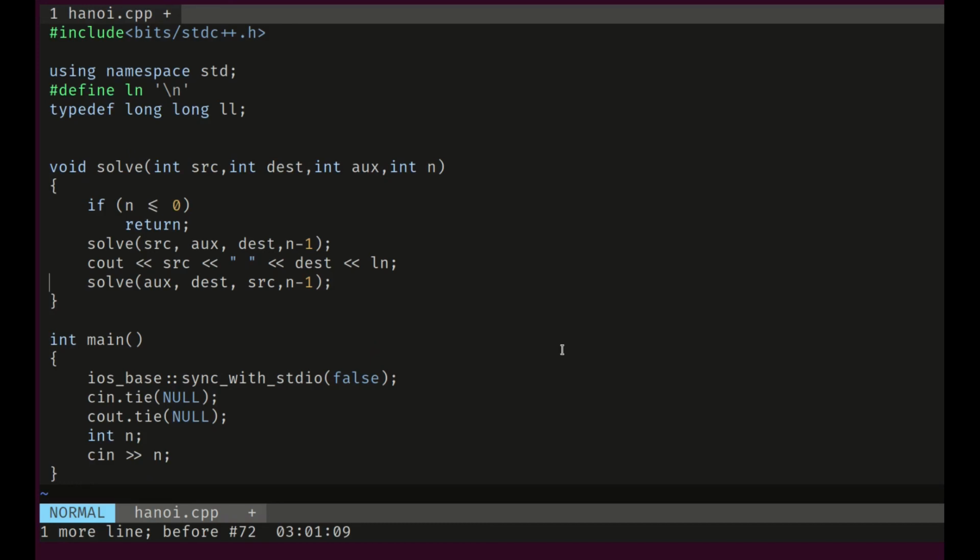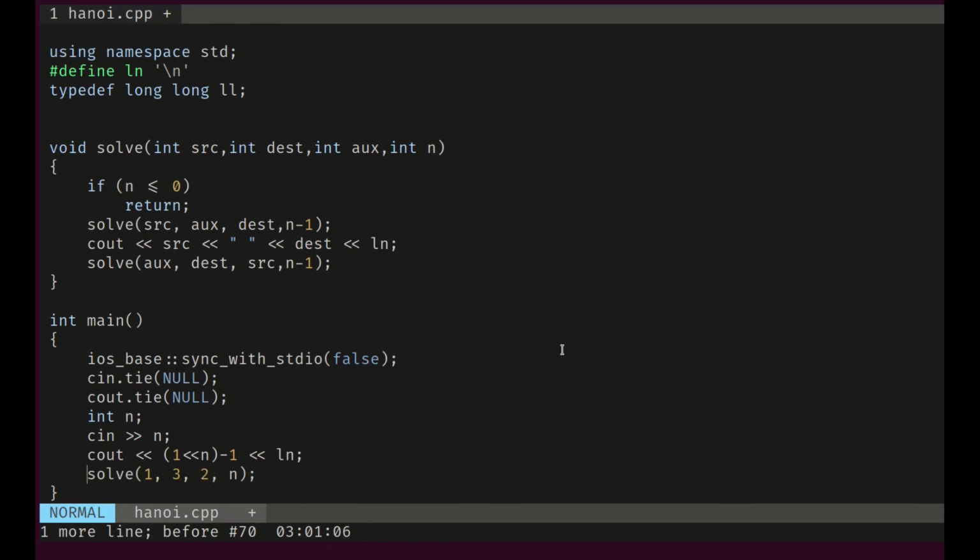So in our main function, we need to first output the number of moves, which is, as we said, just 2 to the n minus 1. And we calculated 2 to the n using the shift operator here. And then we'll just call our solve function with the following parameters. So we are moving n disks from stack 1 to stack 3 using stack 2.